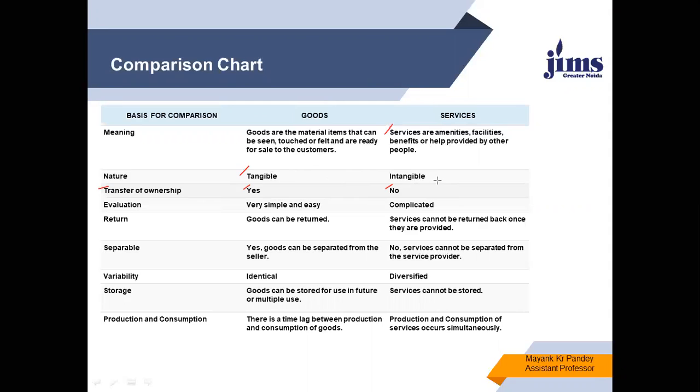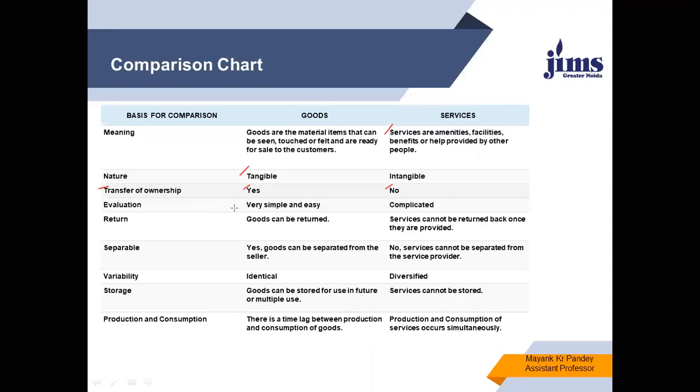Moving ahead, another basis of difference or comparison is evaluation. Evaluation of goods is very easy and simple, because if something physically exists, we can look, we can touch, we can have possession of it, and we can feel. So by looking at two different commodities, we can easily evaluate which one is good and which one is comparatively not good.